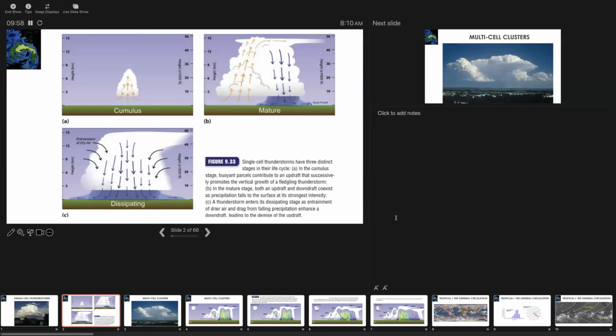Or there is a tornado within that storm, a rotating column of air that has touched the ground. Or you have winds of 57.5 miles an hour. We call those straight line winds. You may have heard that term. A straight line wind is just a horizontal wind coming out from that storm. If one of those three things is happening, then your storm can be designated as a severe storm.